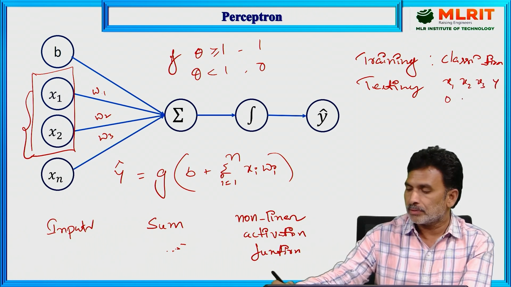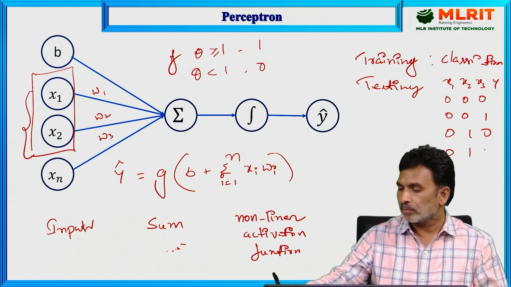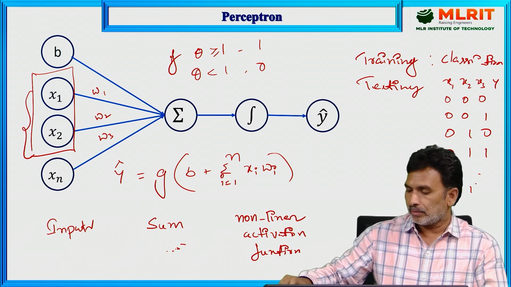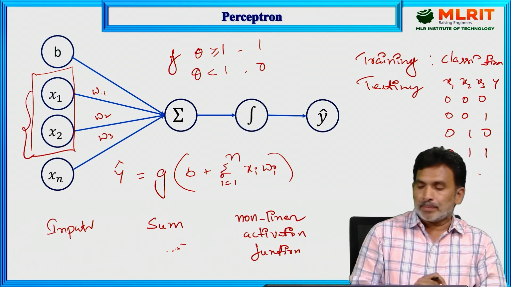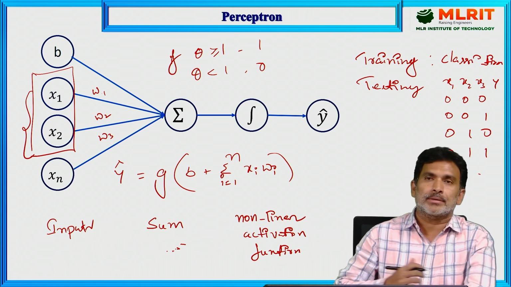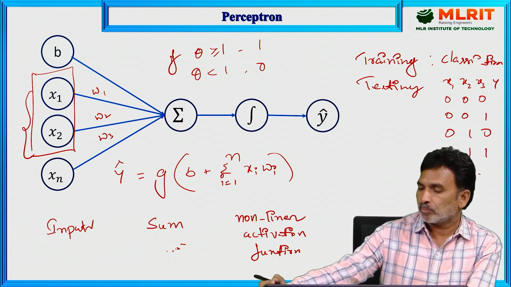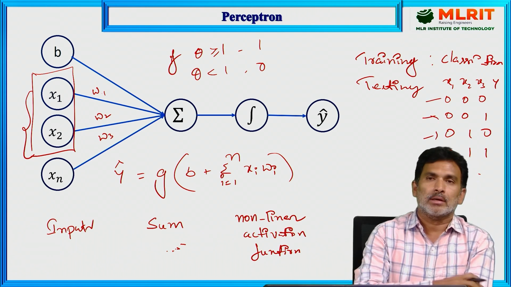For example, 0 0 0, 0 0 1, 0 1 0, and so on up to 1 1 1. There will be 8 combinations; 8 samples will be there if you take 3 inputs.